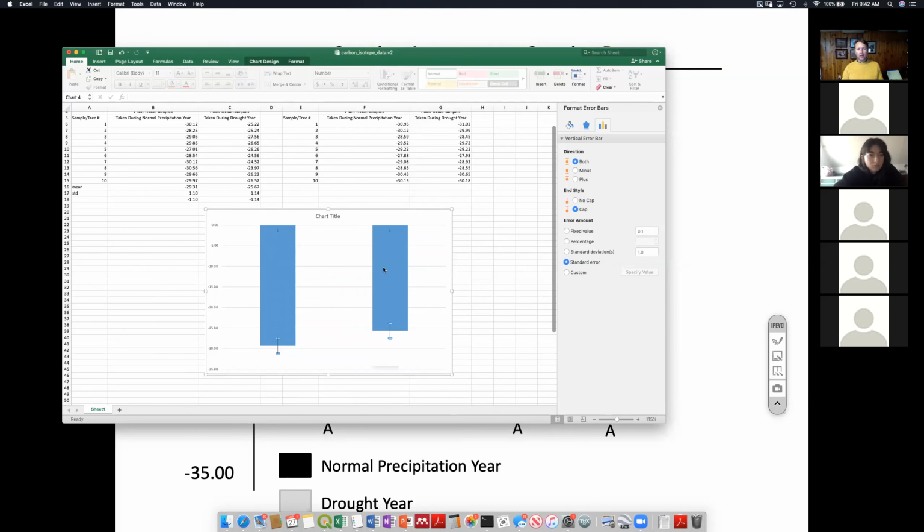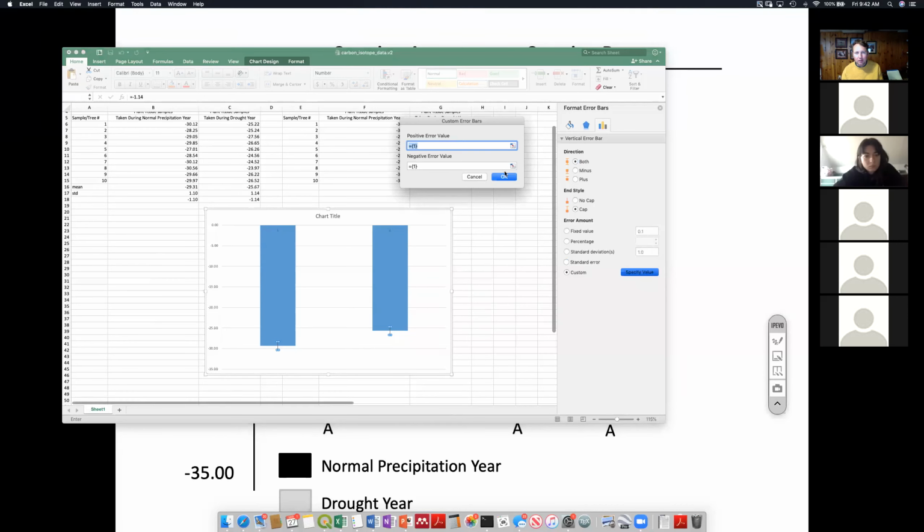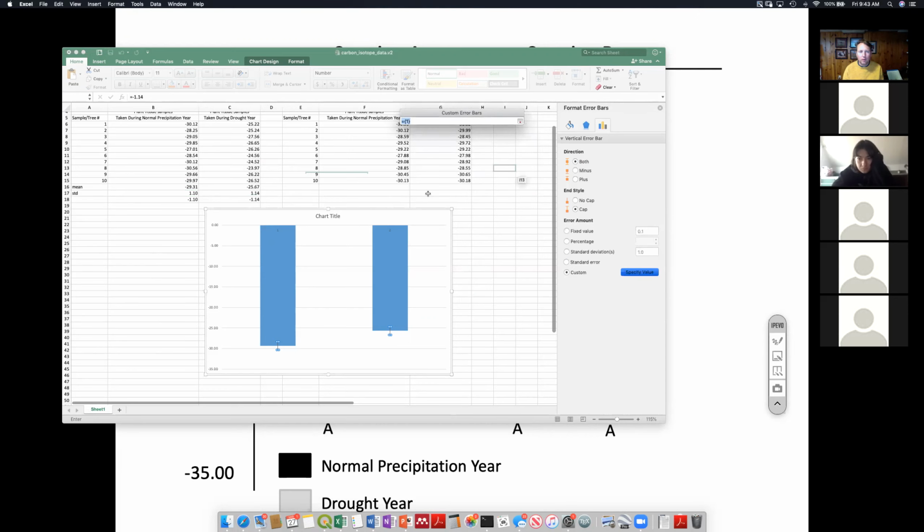All right, if anybody else can figure out how to make these things work, there's zero reason I can figure out why this thing is not working. Is that number, the 1.1, supposed to extend 1.1 up and 1.1 down, or should it be like 0.55 up and 0.55 down? No, it should be 1.1 up and 1.1 down.